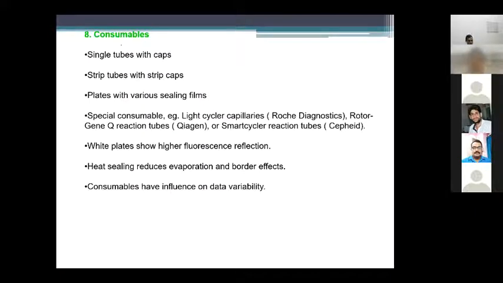For example, if you are using the single tube, use the single tube for the whole experimental procedure, do not change the consumable, because each has some variation in reflecting the fluorescence, so it also causes variation in the different assays.